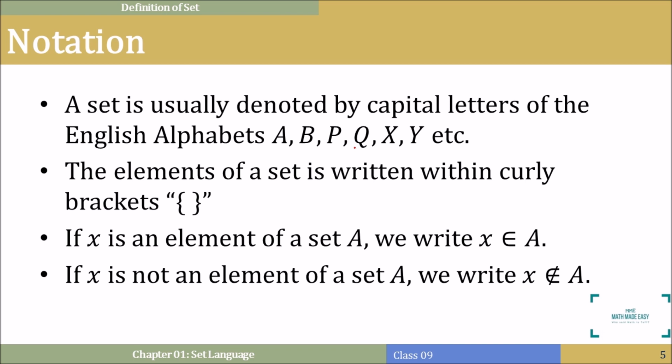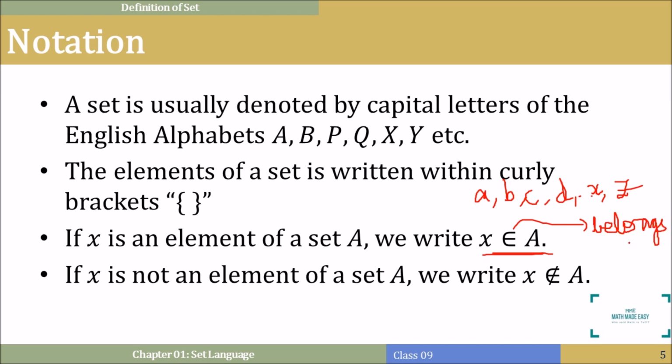For example, if you take the letters of the English alphabet, A, B, C, D are called the elements of the set. If you take an element x of a set A, we write that as x belongs to A. Let's consider that the set A is the set of all English alphabets.